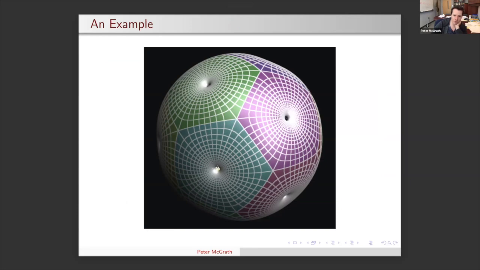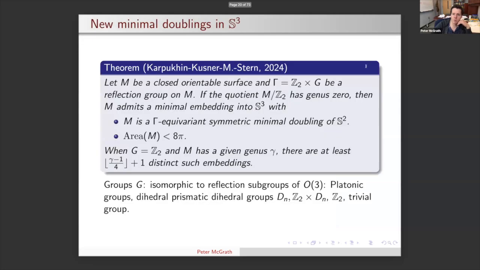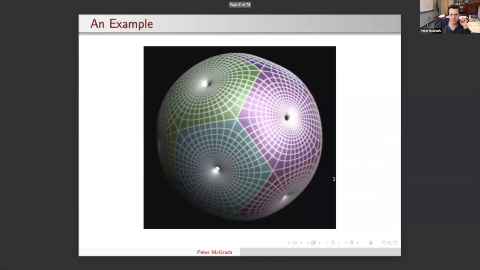So you can put doubling holes on this vertex, this vertex, this vertex, as many as you like on this edge of the triangle, as many as you like on this edge, as many as you like on this edge, and then as many as you like on the interior. Those are all different choices up to equivariant homeomorphism. And for any of those ways to describe the quotient, one gets a minimal doubling, and one can do this for any of the groups here. So it's quite a flexible construction.